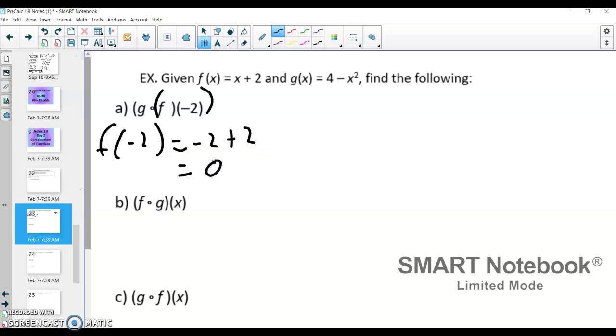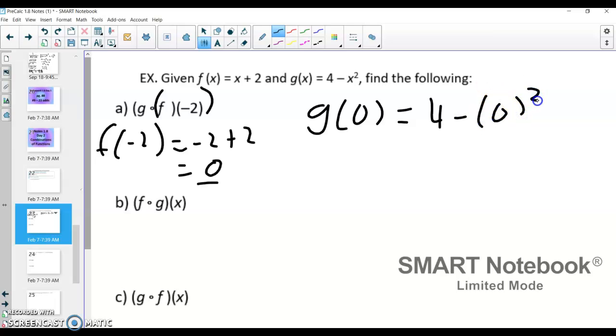Now we're going to compose g of f of -2, so we do g of 0, because 0 is what we got from evaluating f of -2. We plug that in, and we get 4 minus 0 squared. Again, that 0 is coming from right here. When we calculate this out, 0 squared is 0, so this just becomes 4 as our answer.